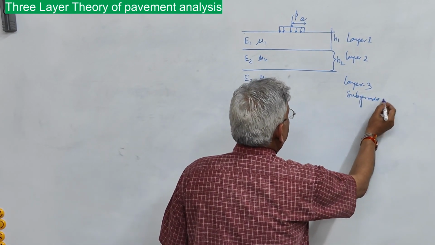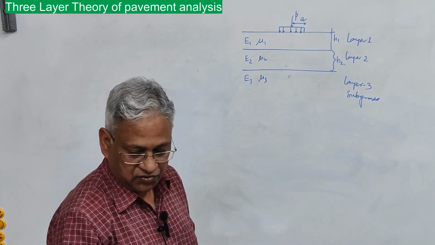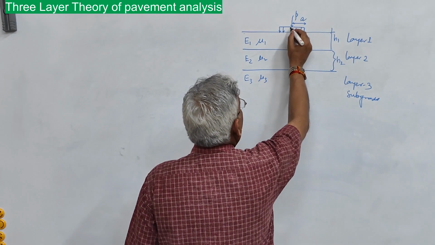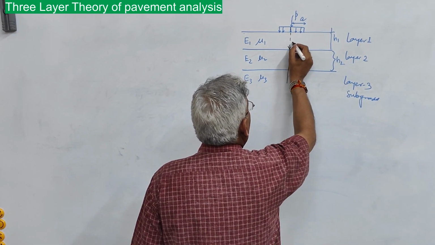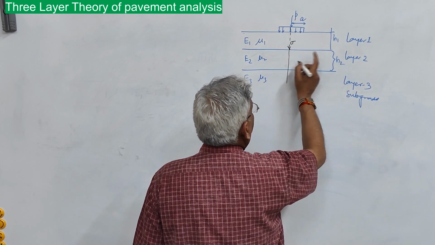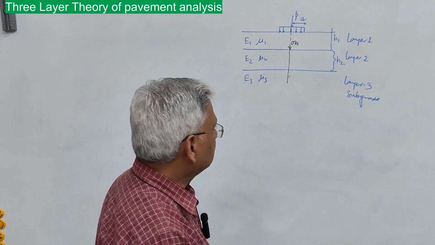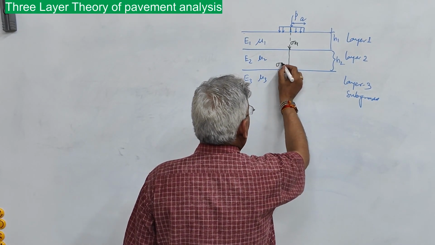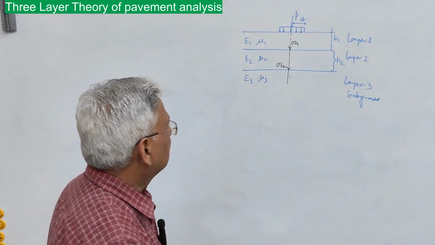Now, when the load is applied at the surface, there are stresses: a vertical stress here at the interface of layer 1 and layer 2, let us say this is sigma Z1, and a vertical stress here at the interface of layer 2 and layer 3.